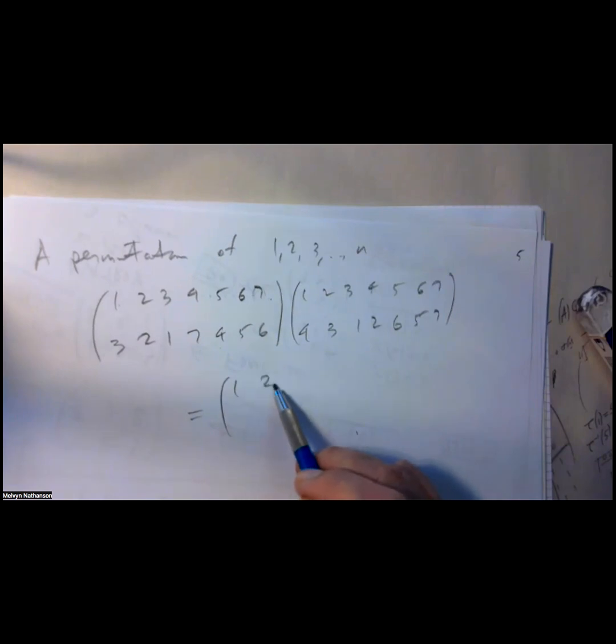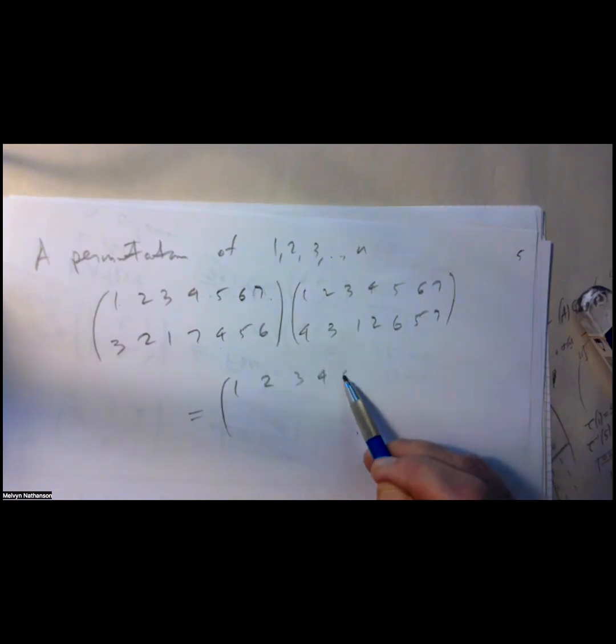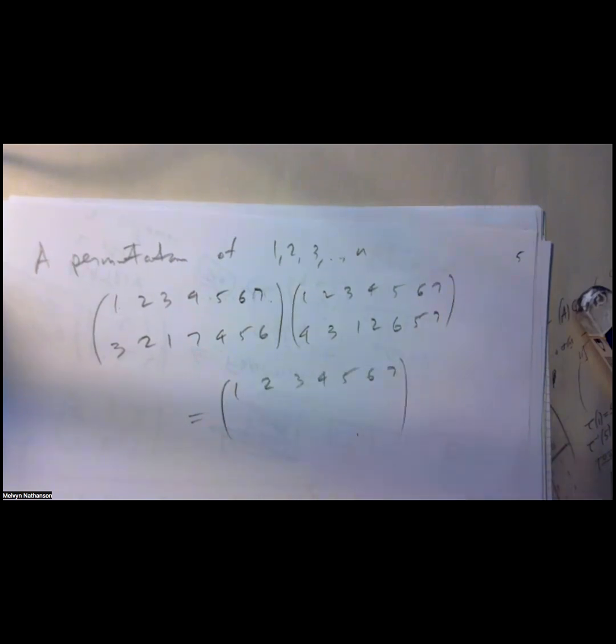This is a basic calculation in algebra. You will have to do this many, many times, and it'll certainly be on every exam you take in algebra, to do a computation of this sort, explicitly or implicitly. What is the product of these two permutations? So this is composition of functions. It's this function followed by this.